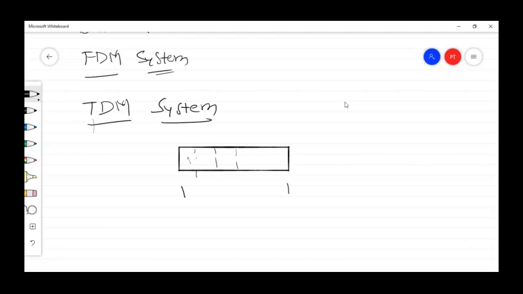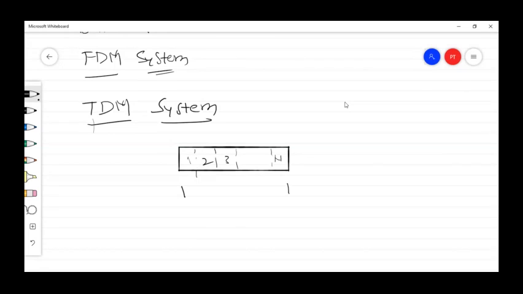So it is 1, 2, 3 like that. And each and every time slot is used to transmit one particular signal. For example, if I want to transmit once again n number of message signals by using time sharing basis, we need to take some given frame time. So in that frame time, we need to transmit each and every signal, like taking a particular time slot.